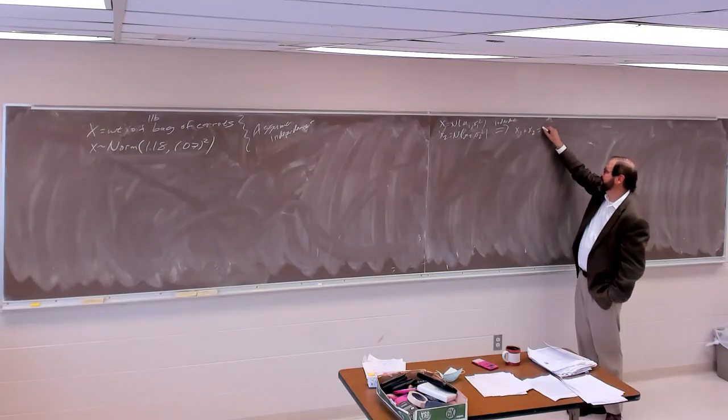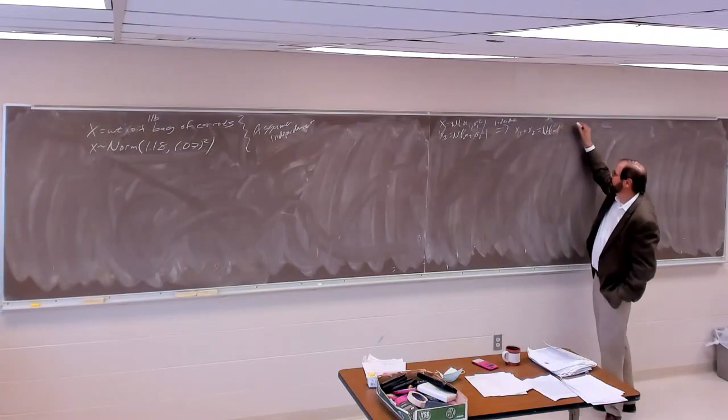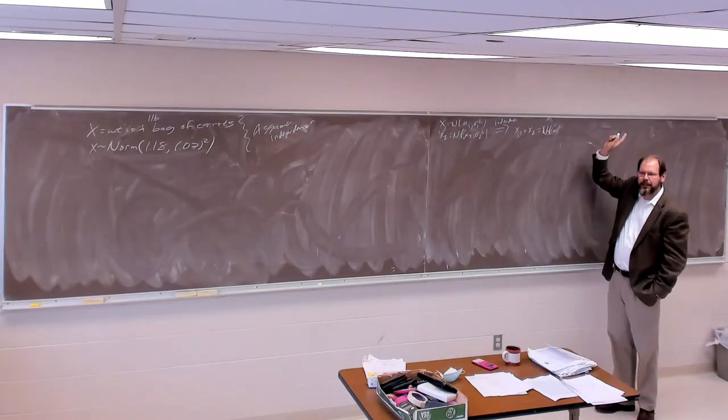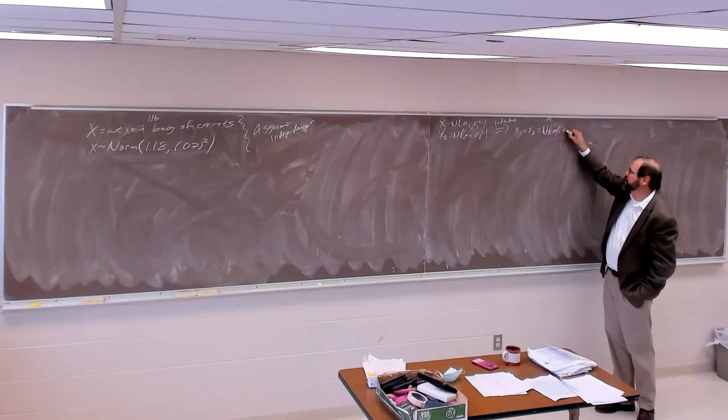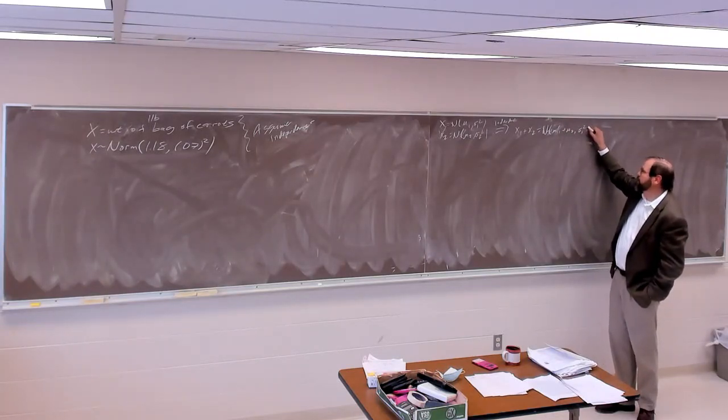Well, the easy part of that is normal, right? But what are the two parameters? mu1 plus mu2 and sigma 1 squared plus sigma 2 squared.